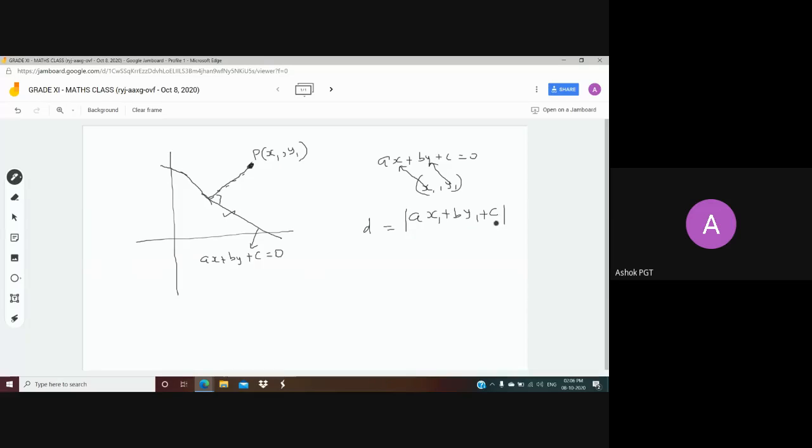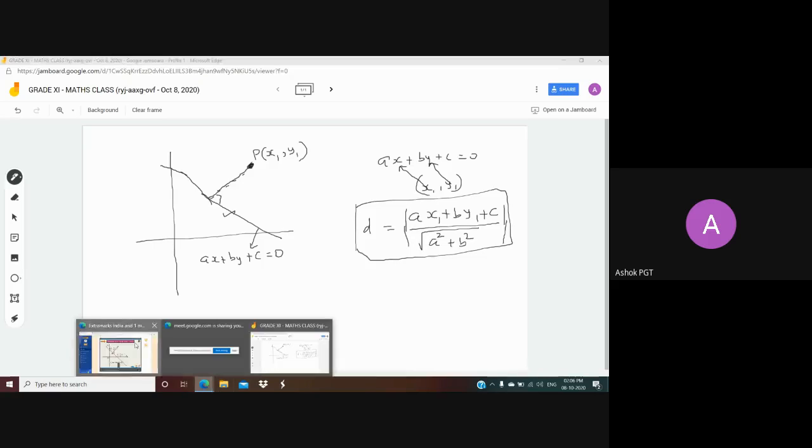Distance is always positive, hence we write the modulus sign, divided by root over coefficient of x square plus coefficient of y square. We are going to prove this formula. This is the formula to find the distance from a point to a straight line.